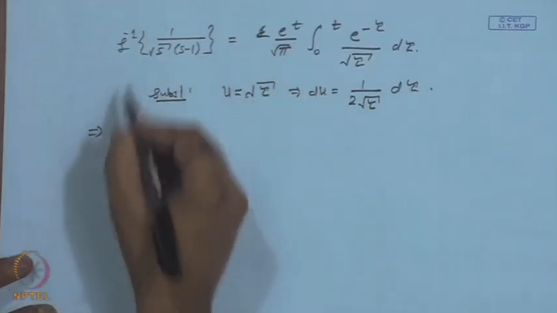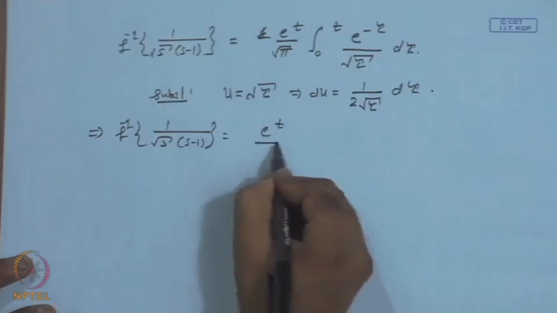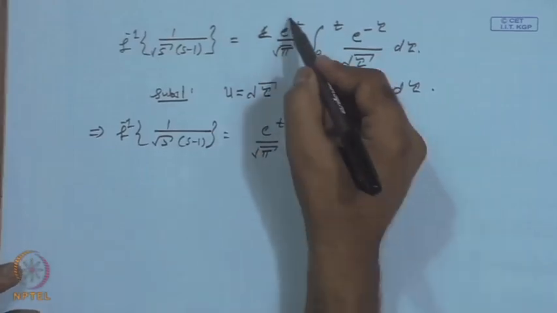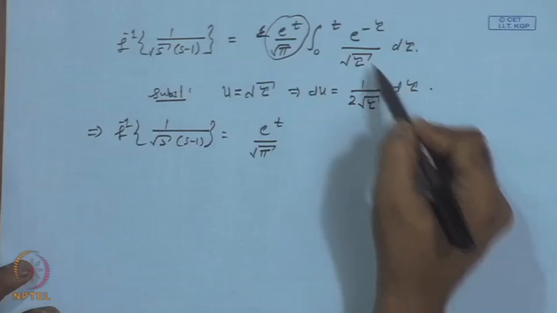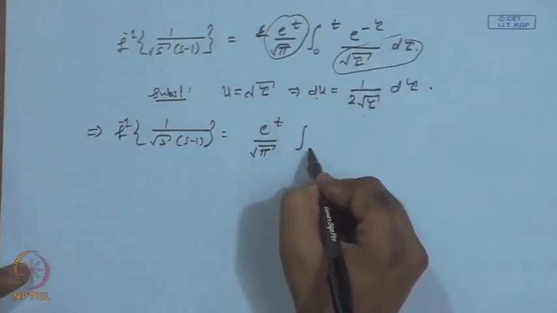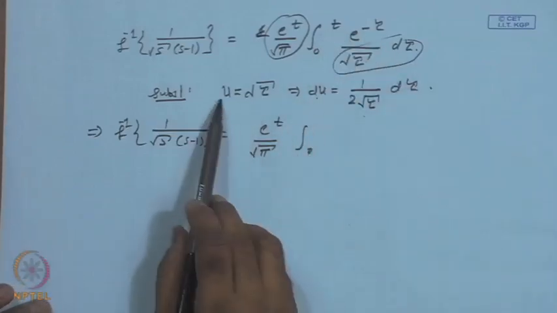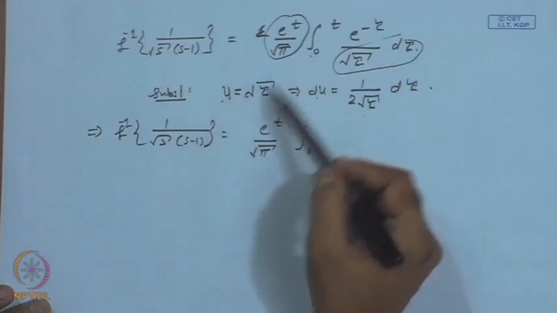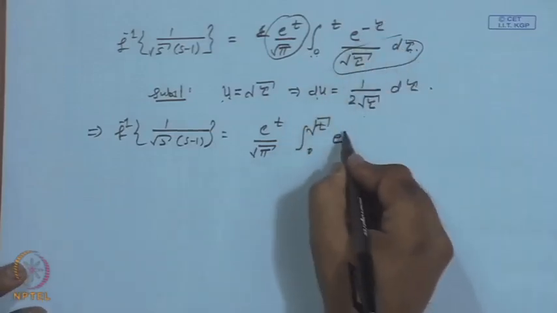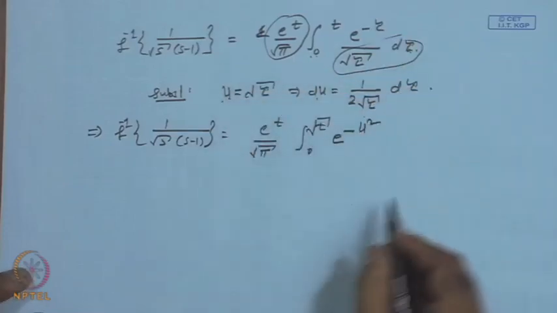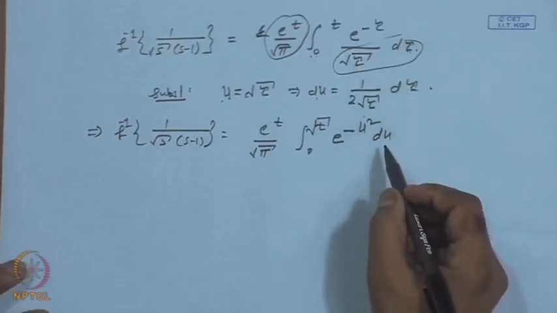In this case, this Laplace inverse will be e power t over square root pi, which will remain as it is, this constant factor, and then the integral. When tau is 0, u is also 0, but when tau is t, u will be square root t, and we have e to the minus u square, since tau is u square.